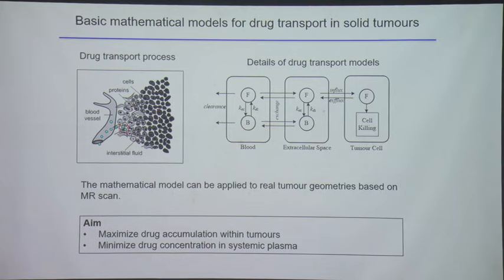So if you have a high concentration of chemotherapy drug in systemic plasma, then it can cause other disease. Even though you probably have treated the tumor, you might have caused other disease, for example, heart disease. Some of the chemotherapy drugs are known to cause harm to cardiac tissues or cells, for example.